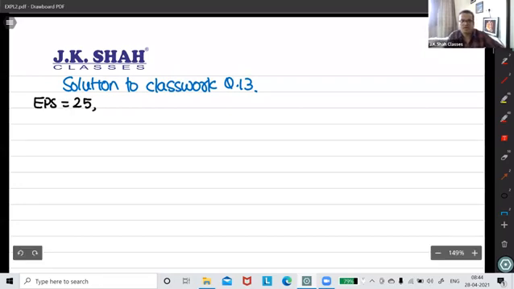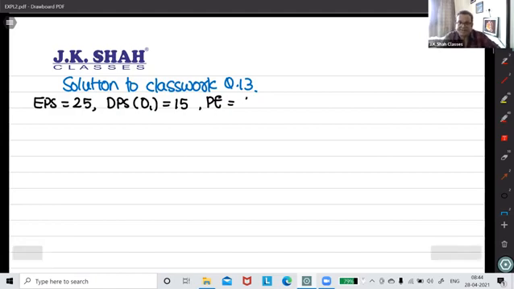EPS is 25. DPS is expected, so D1 is only 15. P/E is 8.